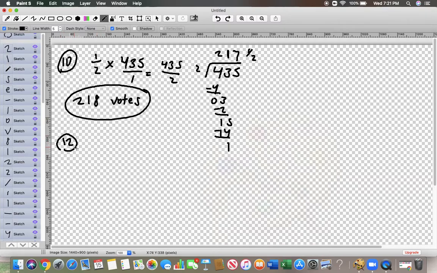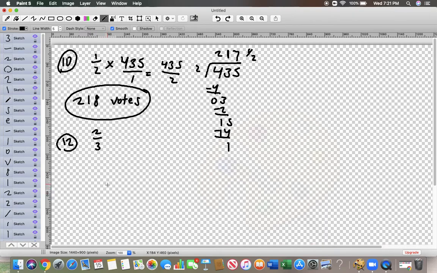Number 12. It takes 2/3 of the representatives to override the president's veto. So how many votes would it take to pass a bill in the House following a veto? Well, what would be 2/3 of the representatives' vote? So let's see here which value we would need.